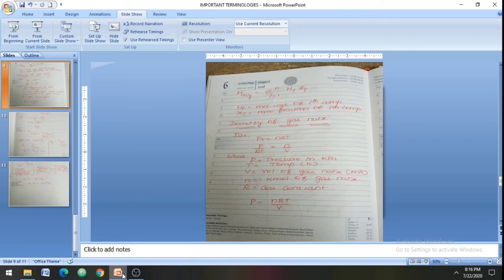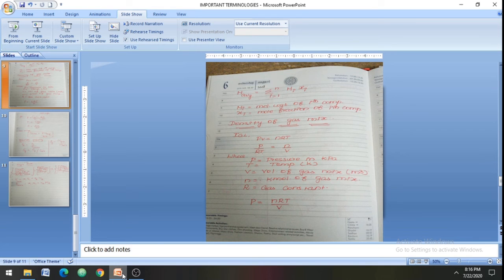So the total moles: 80 kilomoles of carbon dioxide and 20 kilomoles of hydrogen. Total mole is 100, so N is equal to 100. Mole fraction is individual mole divided by total mole.